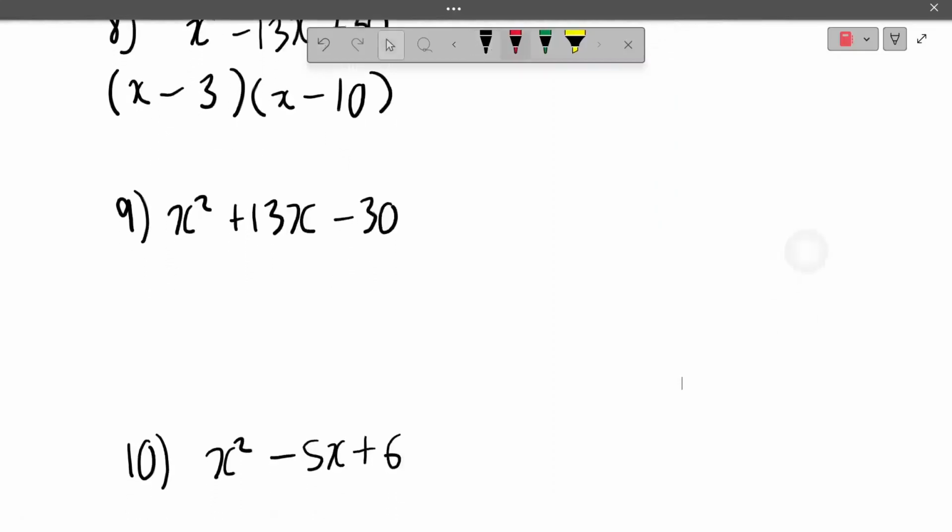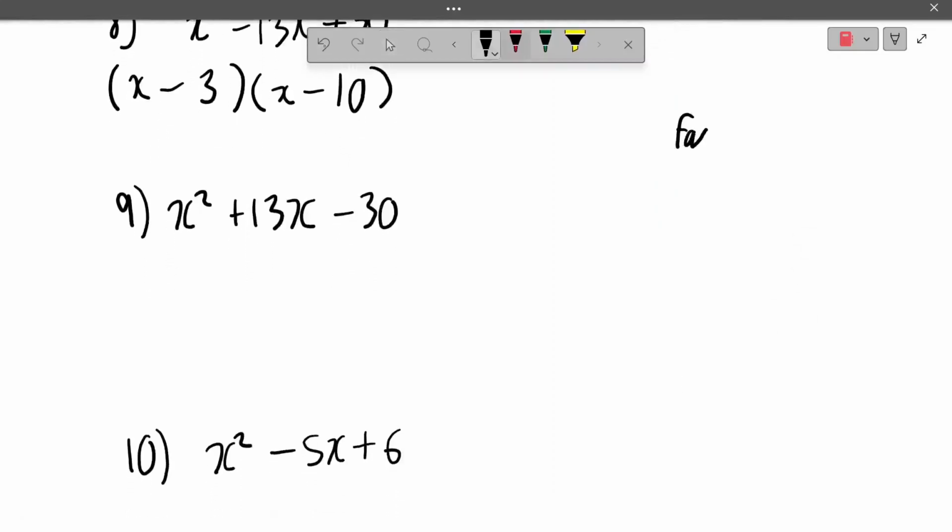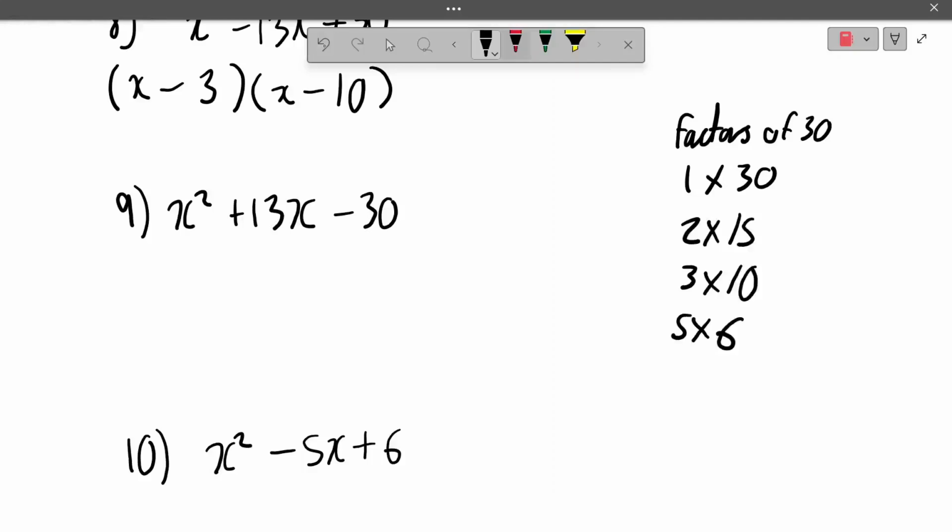Let's wander to the next one. I think I'm going to have to write the factors of 30 again: 1 times 30, 2 times 15, 3 times 10, and 5 times 6. Let's get our brackets going, an x and an x, and I need a plus and a minus because I have a minus at the end. Then I go through my numbers. 1 minus 30 is minus 29.